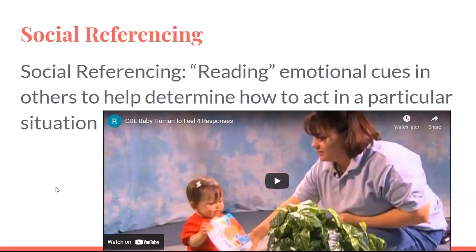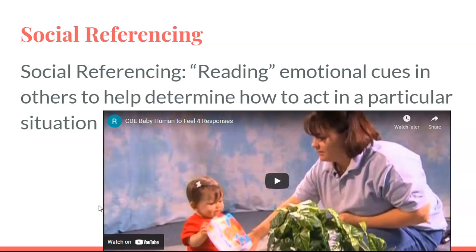So for example, you may have a child and you may have the father, and there may be something new that comes into the environment. The child will look at the father to see how the father is responding in order to understand how they are to respond.